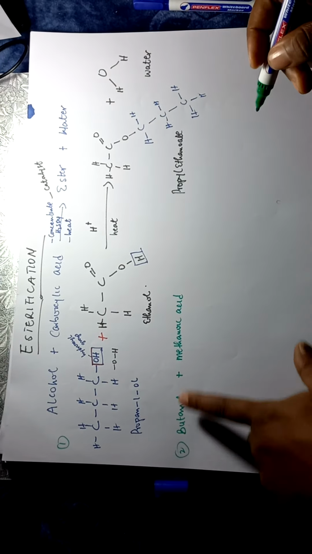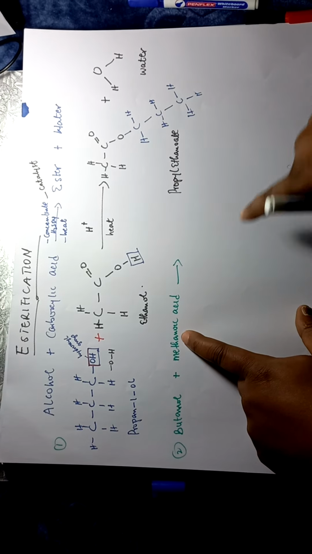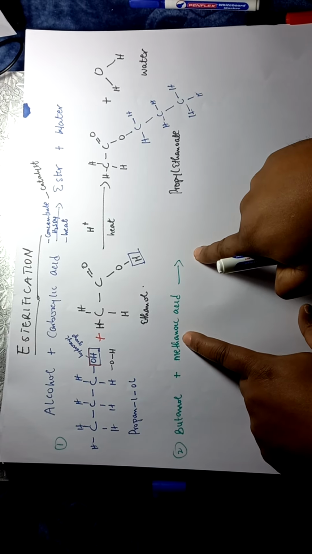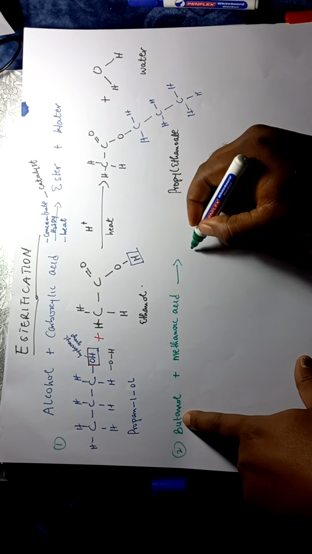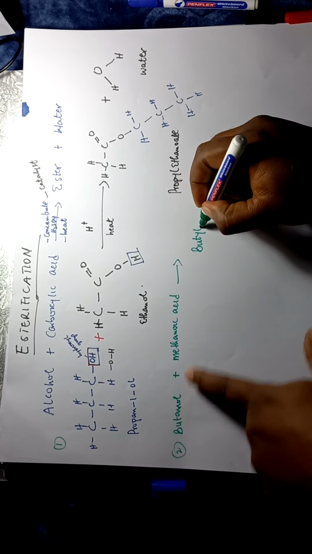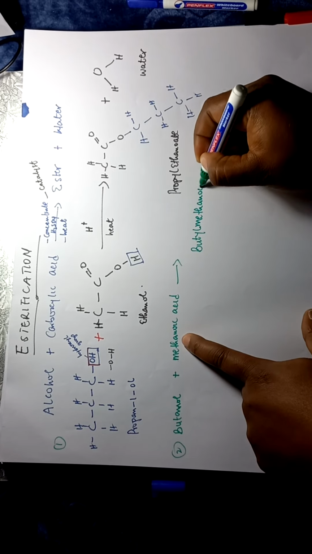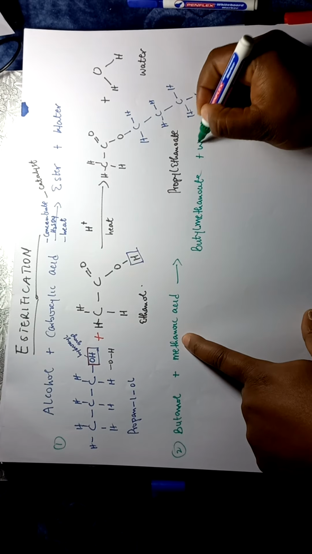This is the alcohol. This is the carboxylic acid. Our product here, immediately you're supposed to know, should be butyl methanoate, obviously plus water.